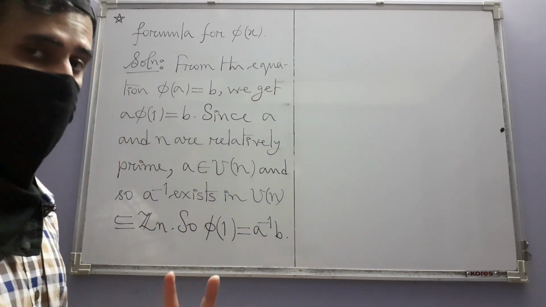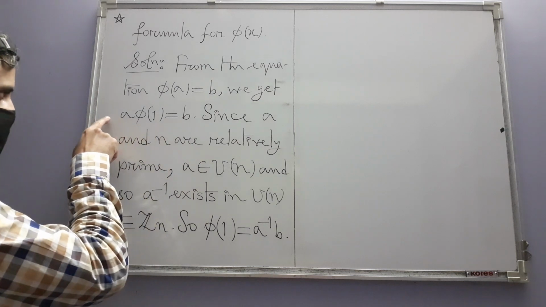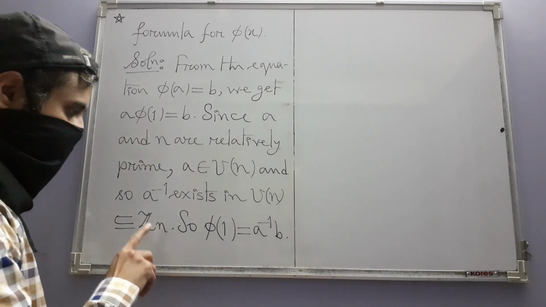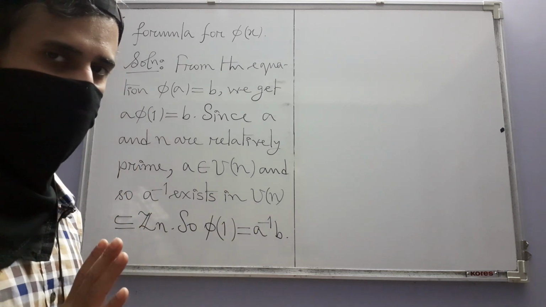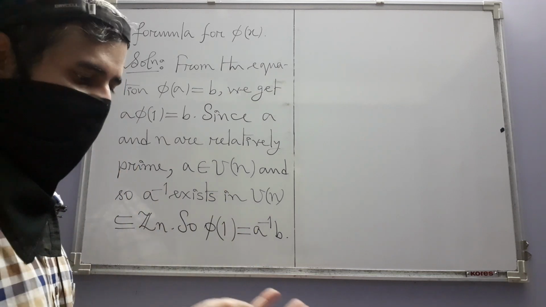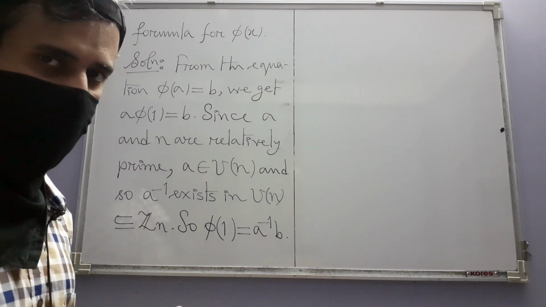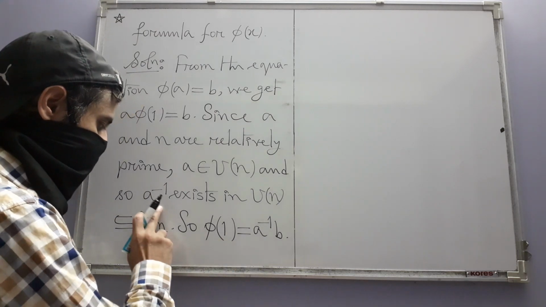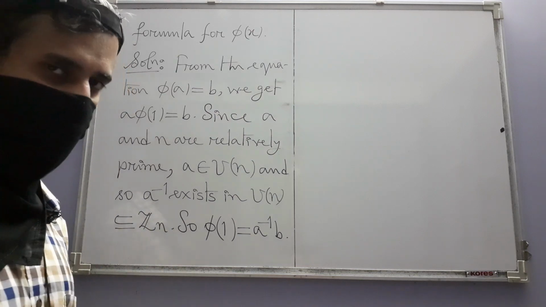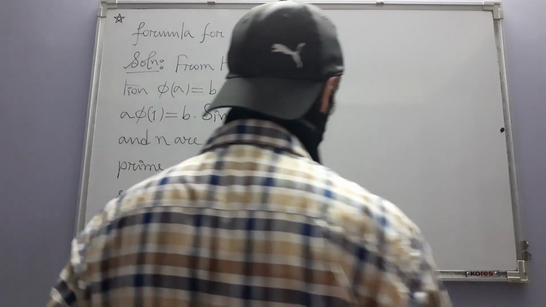For that, what should you do? You multiply on both sides by A inverse and simply use the ring axioms. That's it. Distributive law, associativity of multiplication, those things. No need to assume that this is a field, and it may not be a field.